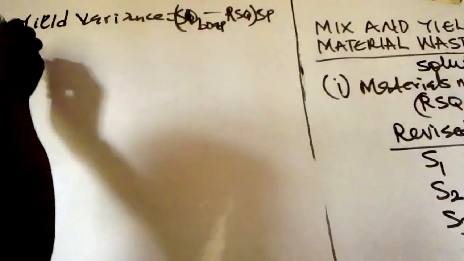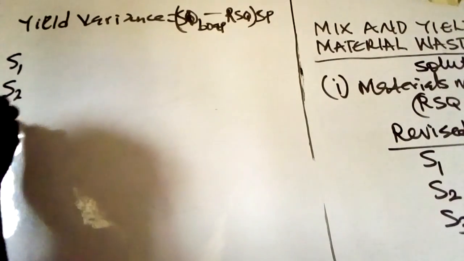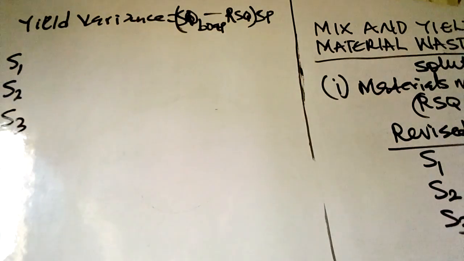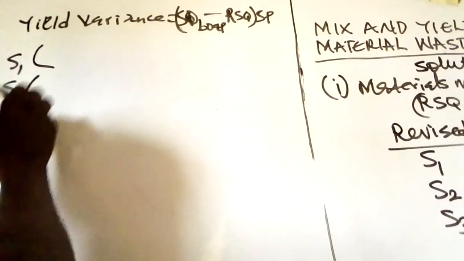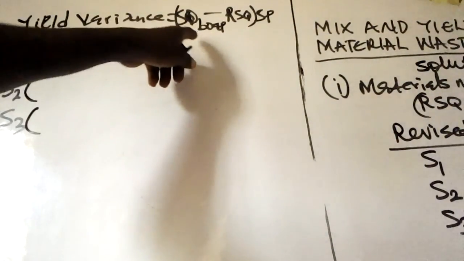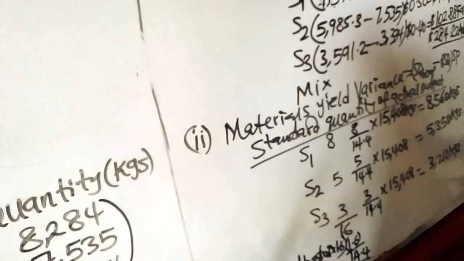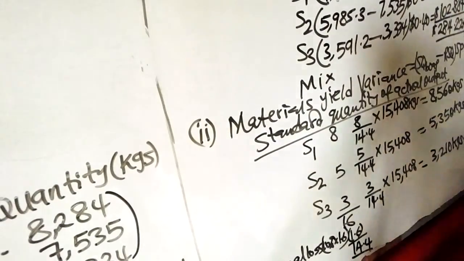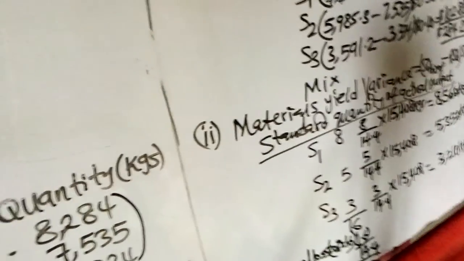So we have S1, S2, S3. For S1, the standard quantity based on actual production as calculated is 8,560 kg.